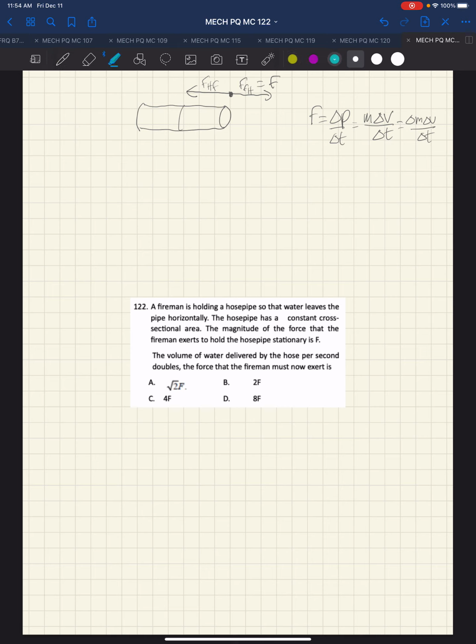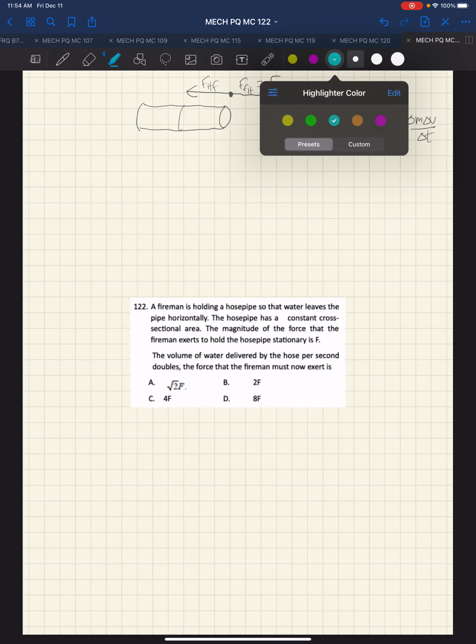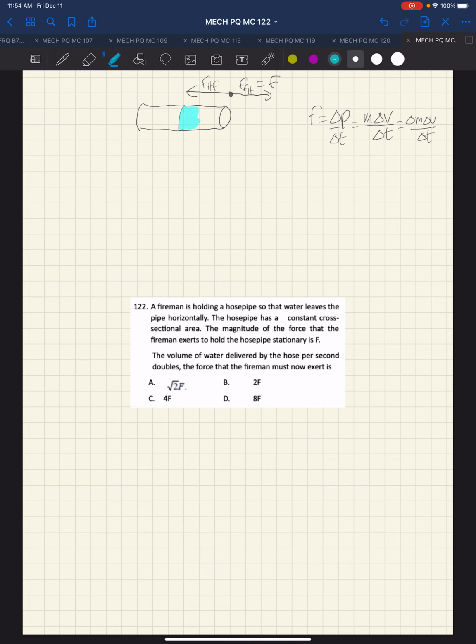If we examine this pipe, what we see is that there is this water, let's say, that moves and occupies this new area when it comes out. So that water that's blue moves into this yellow area.